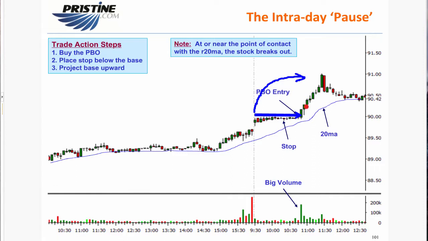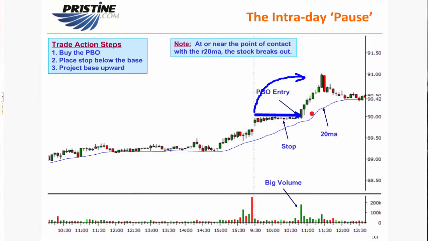If I caught any of this prior strength or weakness, whatever the case may be, would I be interested in buying it here at this point now? If the answer is no, well, then don't take the trade. If the answer is yes, then by all means, go ahead and take the trade.